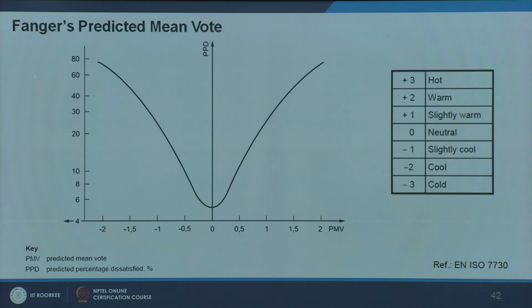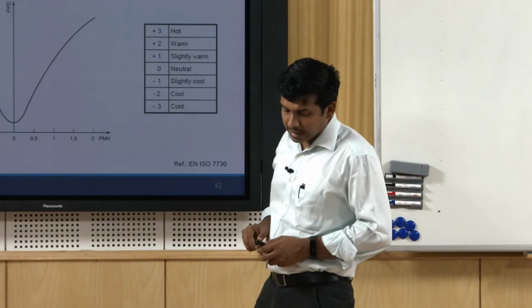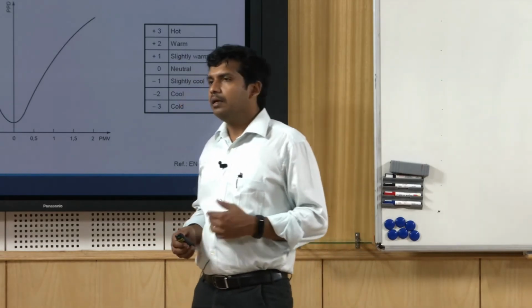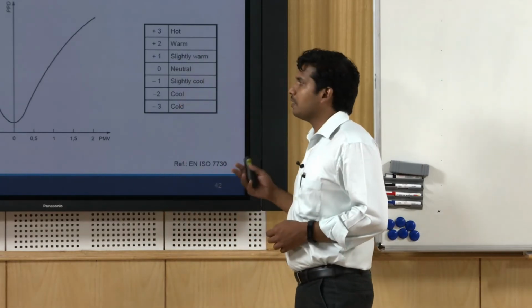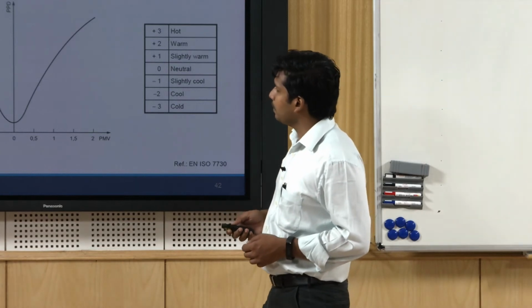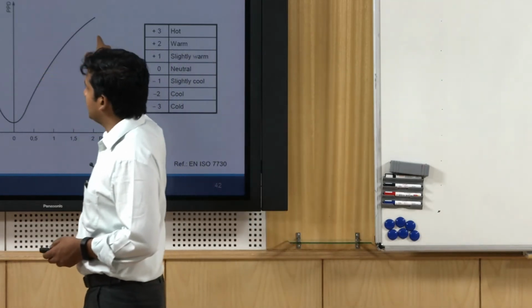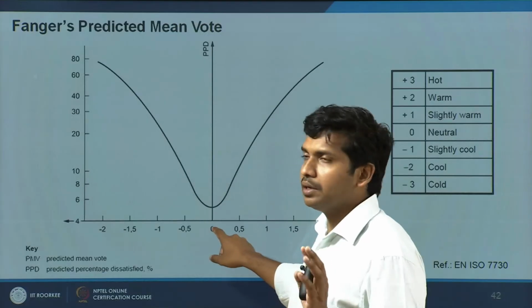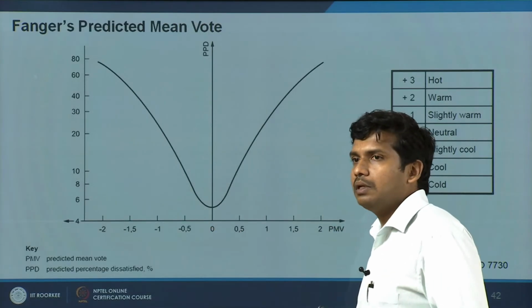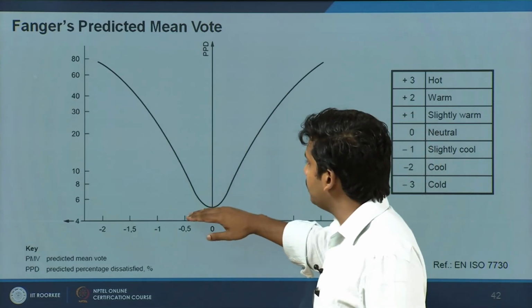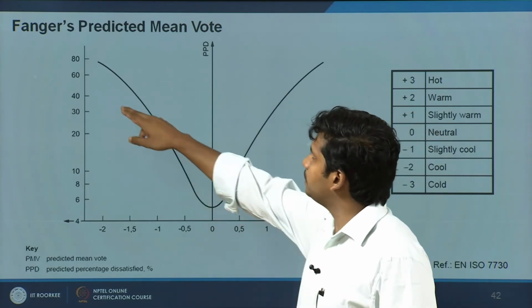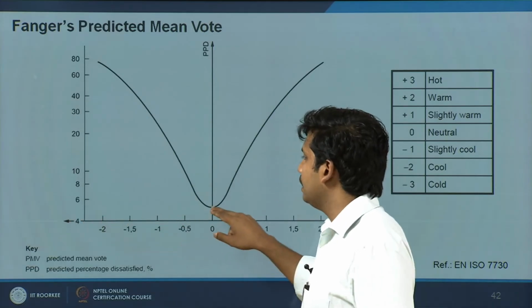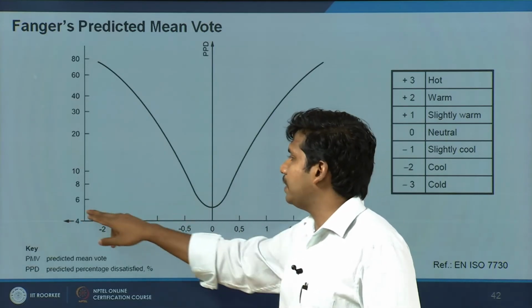Both the ISO 7730 thermal comfort standard and the ASHRAE 55 standard refer to Fanger's model. There have been a lot of modifications to it, but primarily this is an inverse bell shaped curve. What we need to note is that at 0, which means thermal neutrality, the percentage of people dissatisfied is at its minimum, but still around 5%.